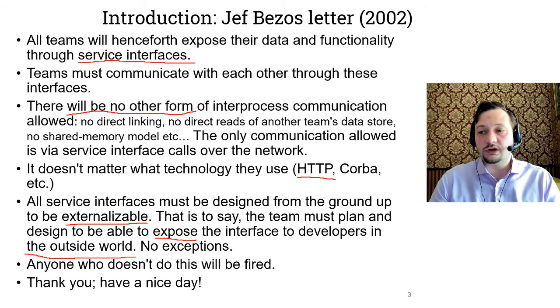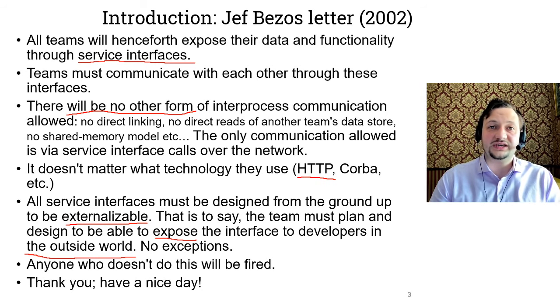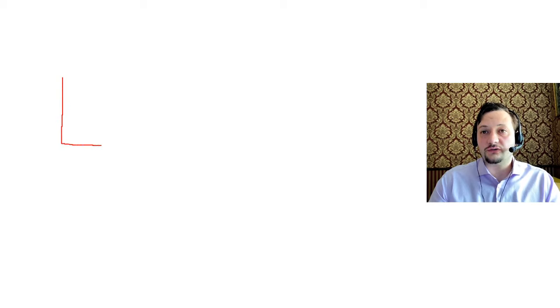This was the groundbreaking letter and understanding of what the architecture of the system should be. Previously, as we discussed, the architecture of a good system was the layered architecture.